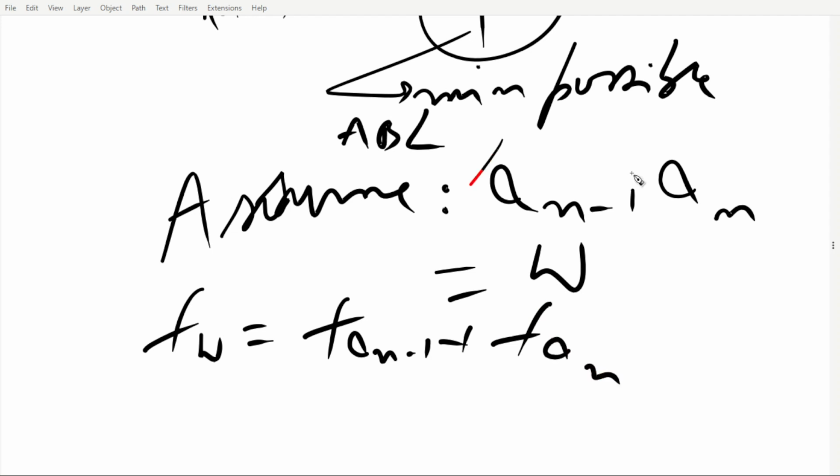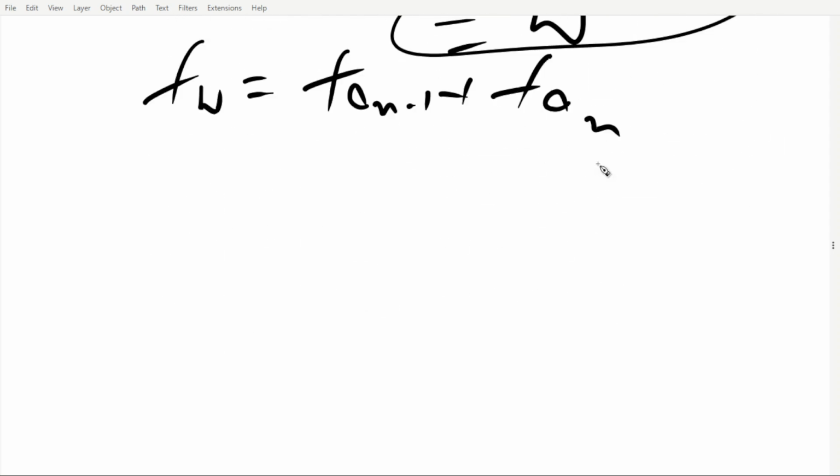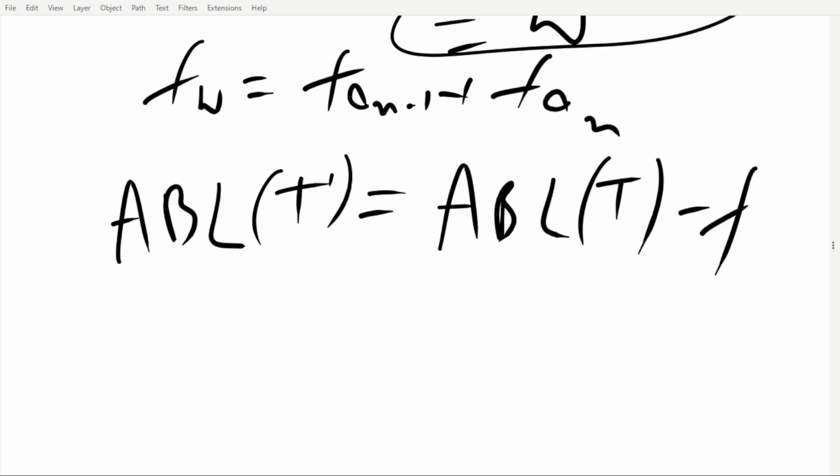Just for simplicity I am writing the combined alphabet an minus 1 an as w. Now we'll prove a very simple relation between the two: the average bit length of T prime compared with the average bit length of T. Just subtract fw. So the average bit length of T prime is the average bit length of T minus fw, and the proof is very simple.